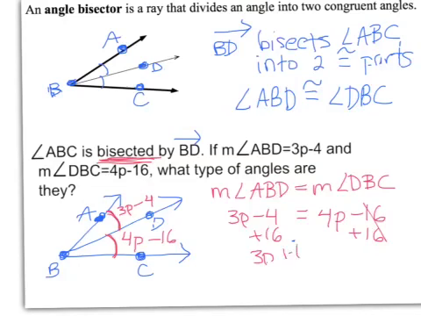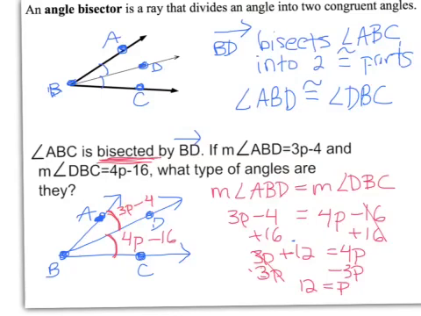From here it's just simple solving equations. 3p plus 12 equals 4p. Subtract 3p from both sides, and we get that p equals 12. If p equals 12, you have to substitute that into each angle. So 3 times 12 minus 4. Well, 3 times 12 is 36.